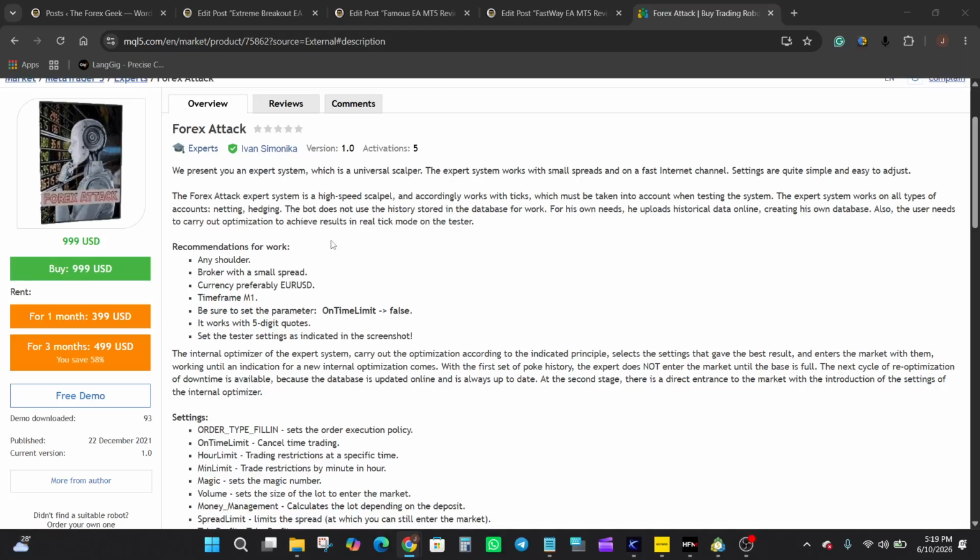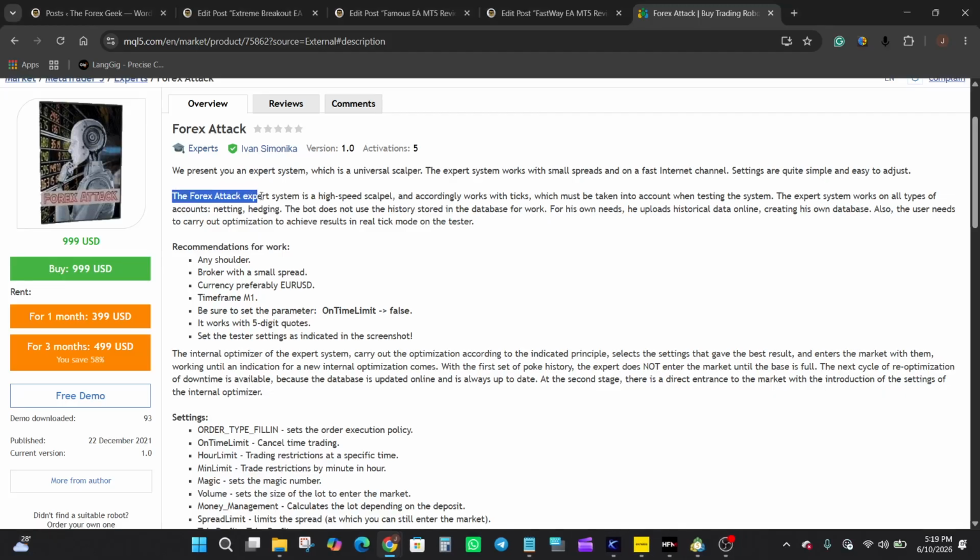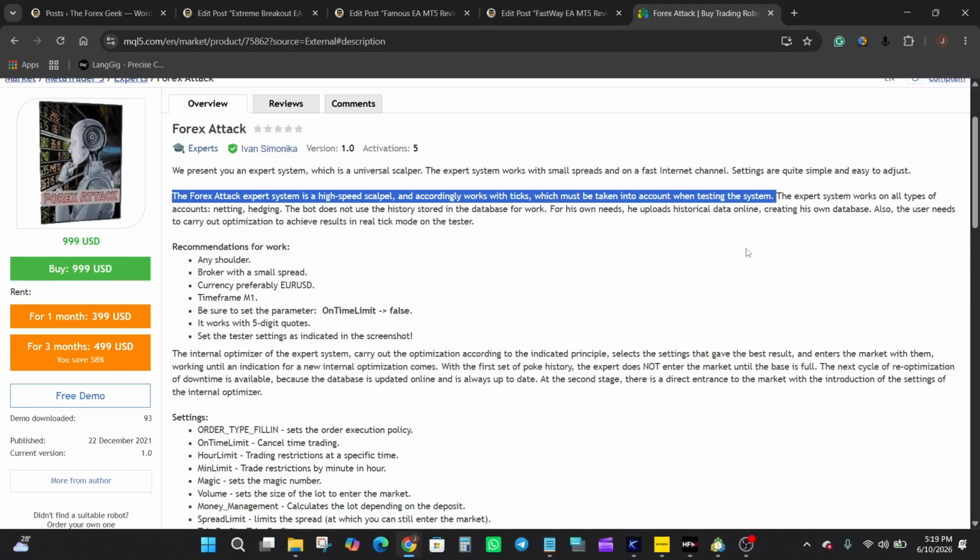Now, one important detail here is that it works with tick data. All right. We can see here the Forex Attack Expert system is a high speed scalper and accordingly works with ticks, which must be taken into account when testing the system.